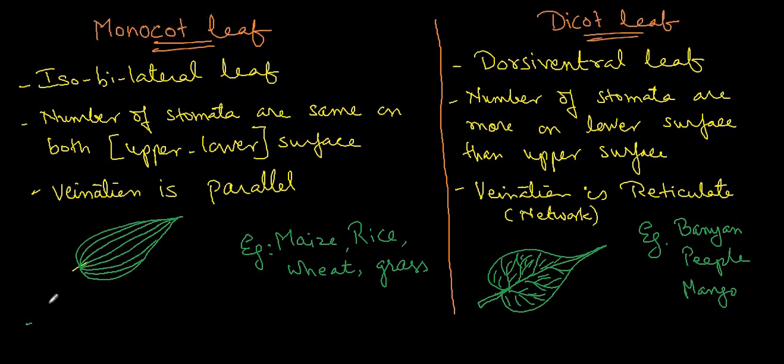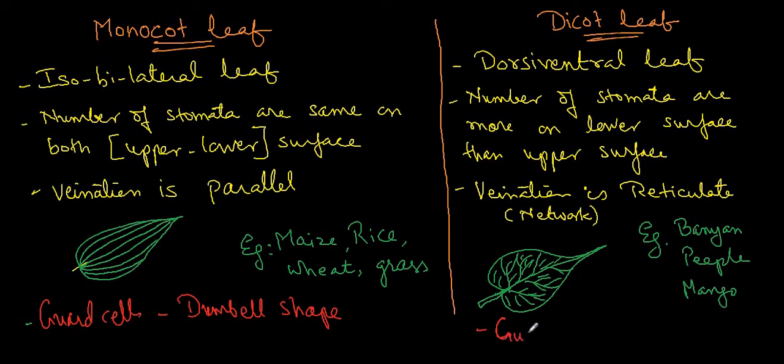Guard cells in monocot are dumbbell shaped, and guard cells in dicot are of kidney shape.